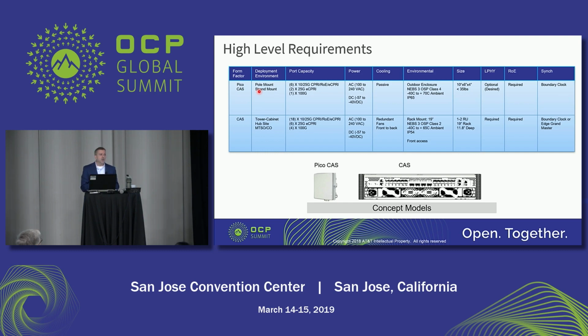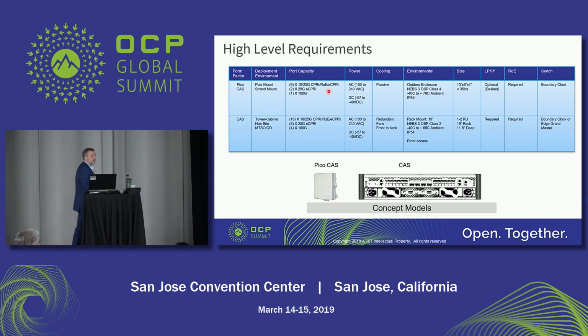AT&T's requirements for pole mount versus strand mount, the power requirements are different. We have AC in one location, DC in another. Because this is a small form factor hardened device, we would envision that being 2 different SKUs for these different power requirements.